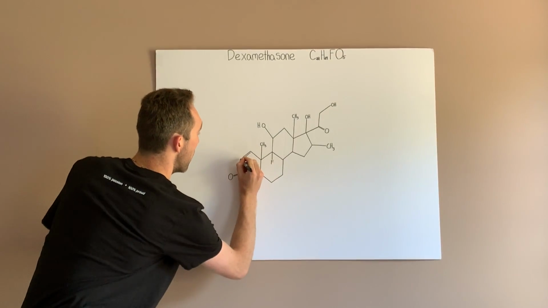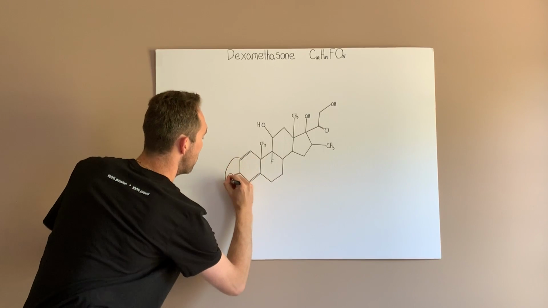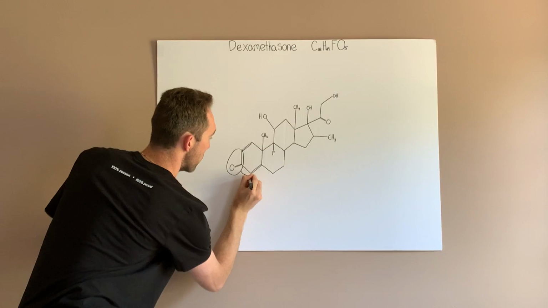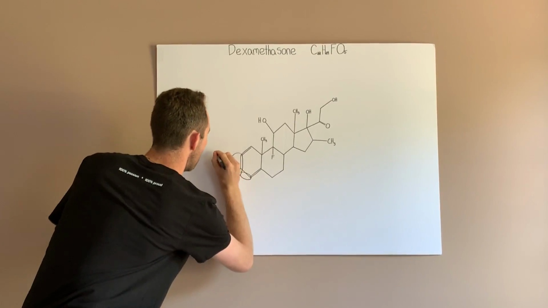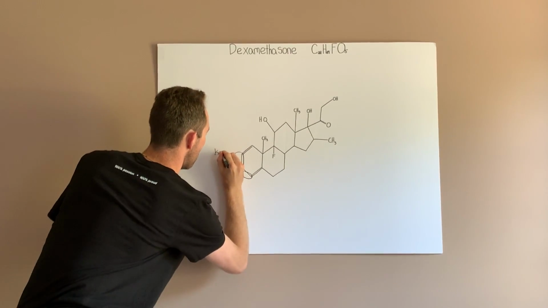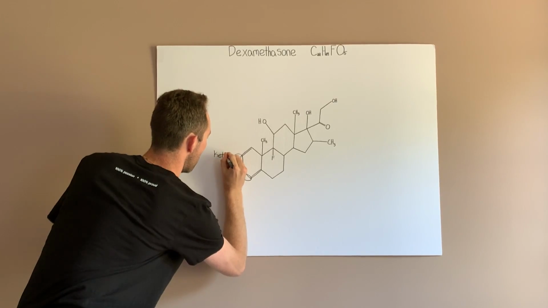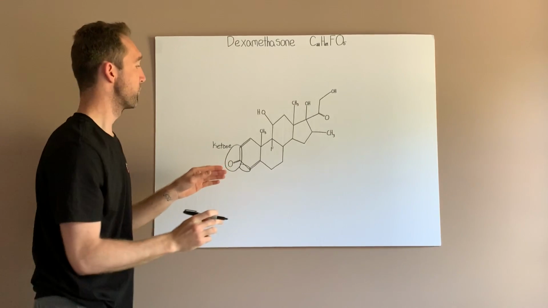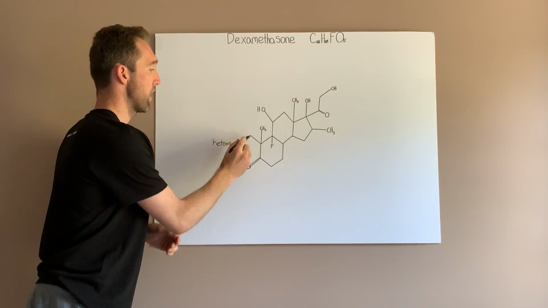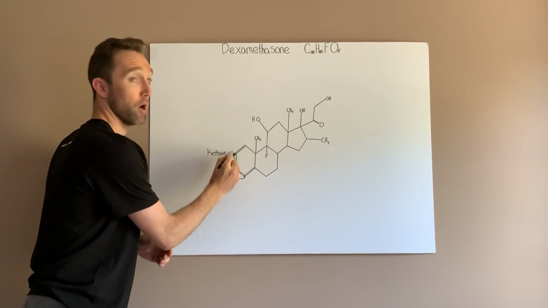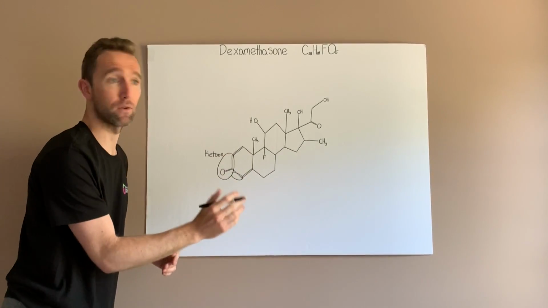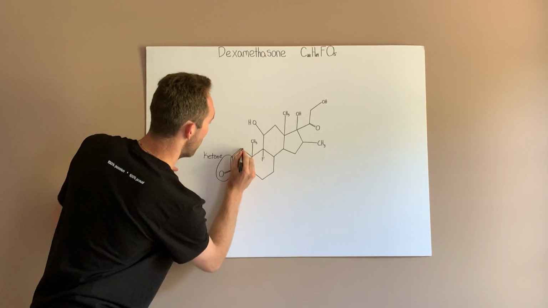So we'll highlight that here. Down here. Moving forward, we also see that we have a carbon-to-carbon double bond here and a carbon-to-carbon double bond here. These are alkenes, so we'll circle those as well.